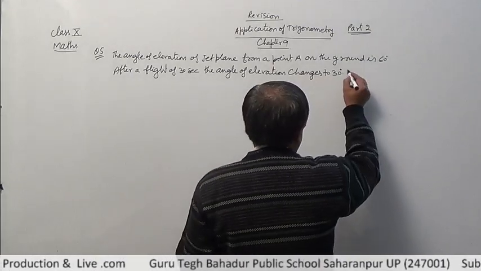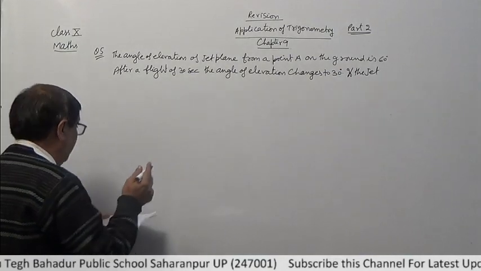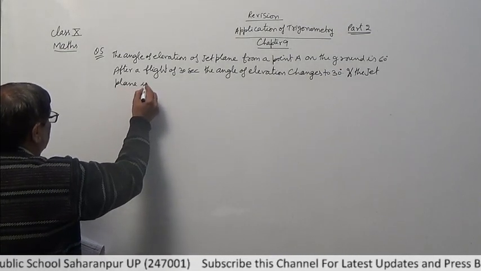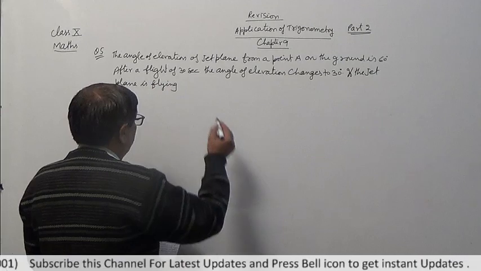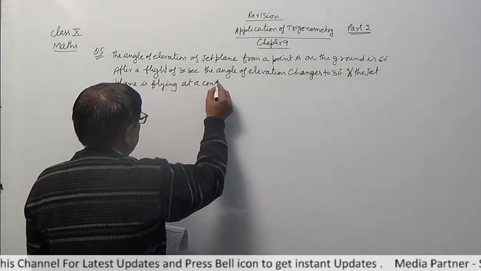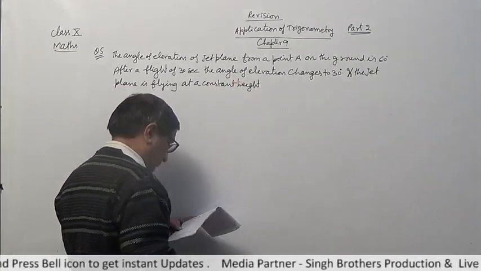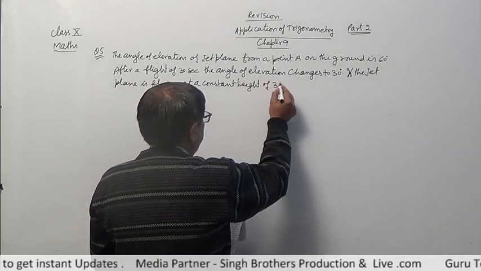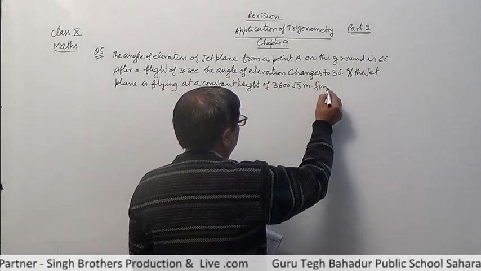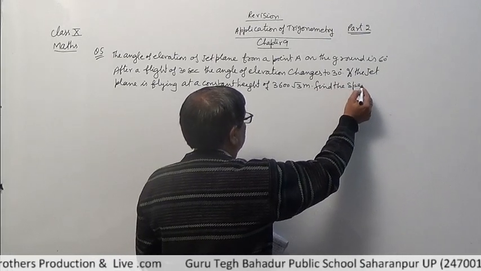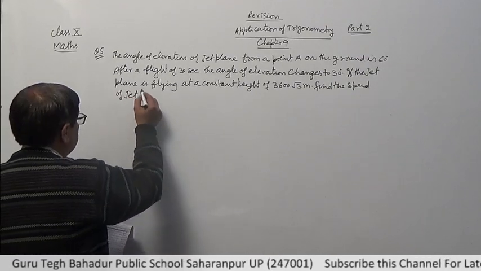If the jet plane is flying at a constant height of 3600 root 3 meter, find the speed of the jet plane.